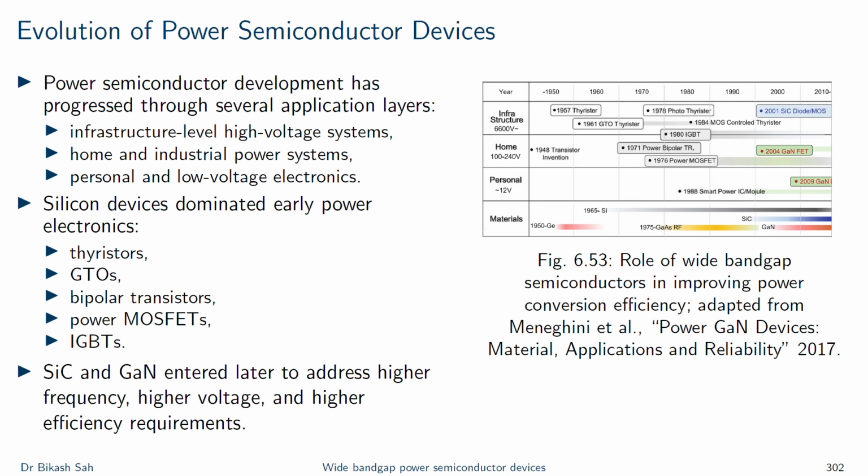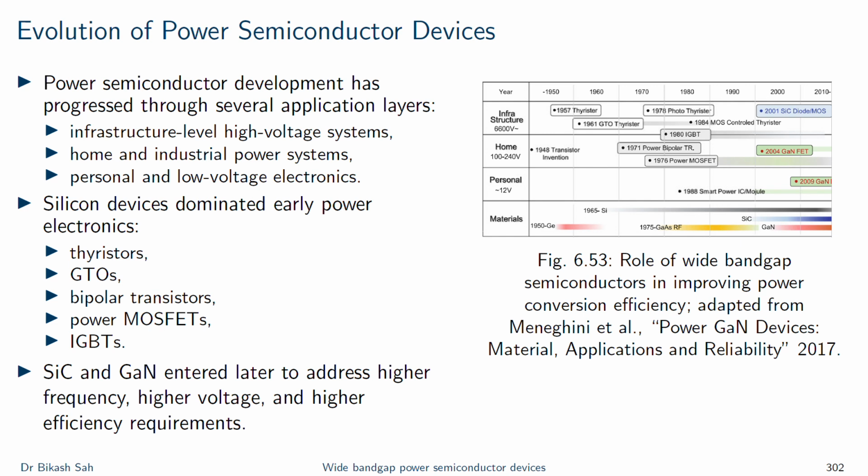MOSFETs gave us fast voltage-controlled switching, but their drift region resistance became challenging at high voltage. And IGBTs reduced the high voltage conduction losses through conductivity modulation, but again, the stored charge slowed switching. I think we have discussed this a lot throughout the lecture. So silicon carbide and GaN entered when the system demand for both high voltage and high frequency came into place.